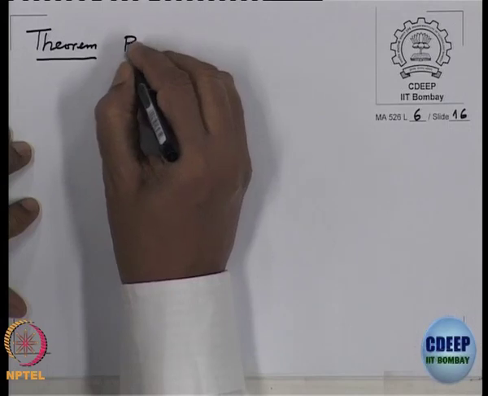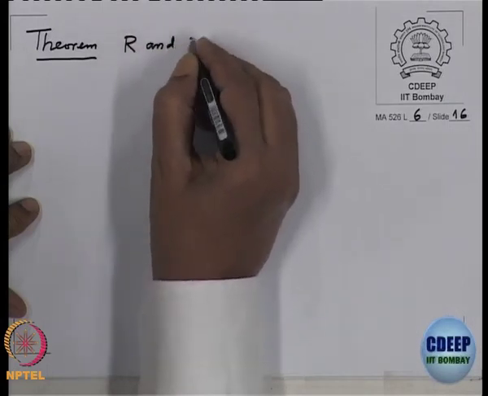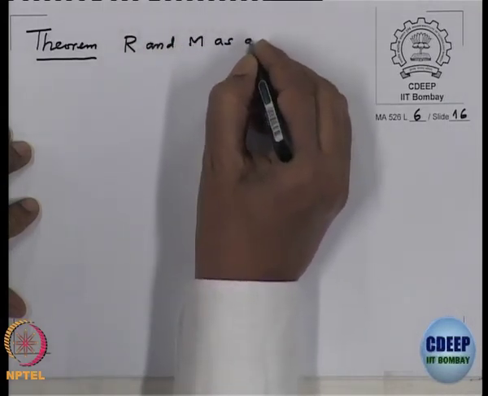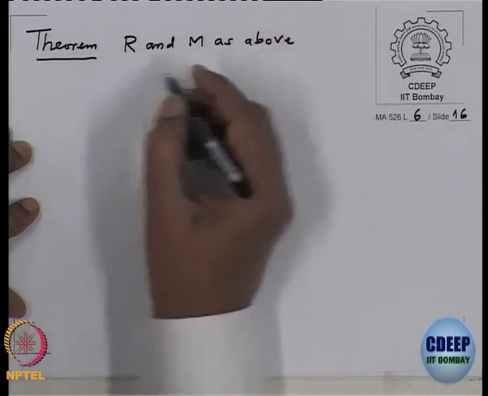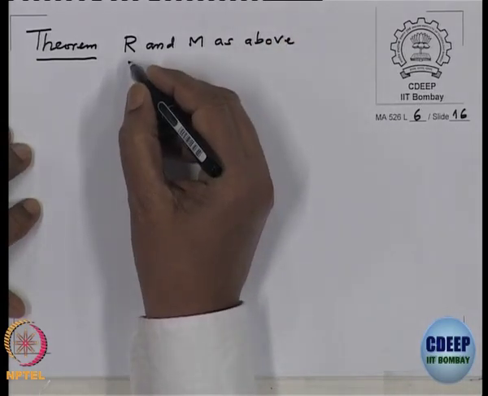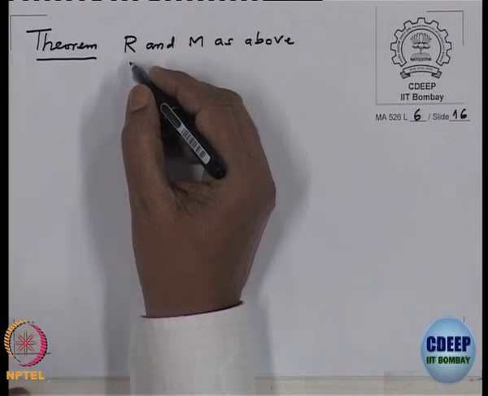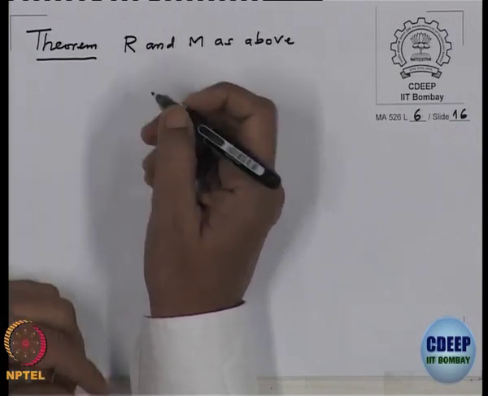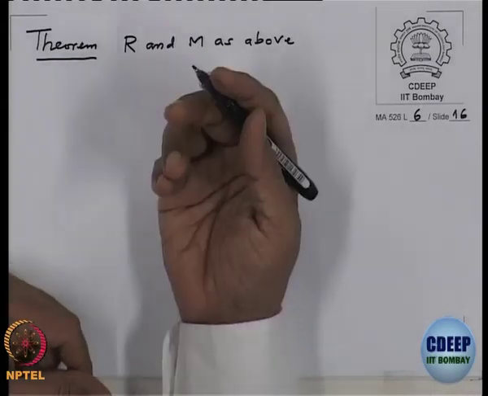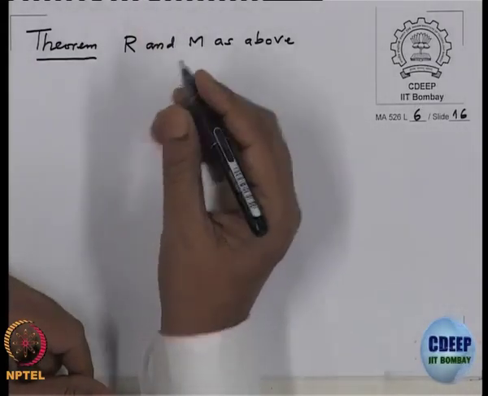So, R and M as above. That means R is an N graded ring with R_0 an algebra over a field which is a finite algebra, that means a finite dimensional K vector space, and R as an R_0 algebra is generated by finitely many elements. They may not be of degree 1, they may be of different degrees.